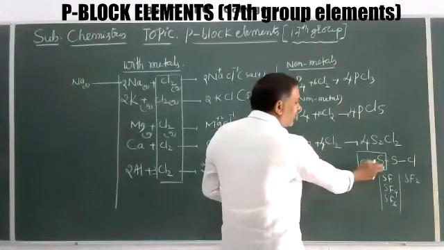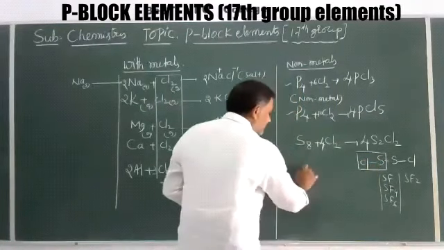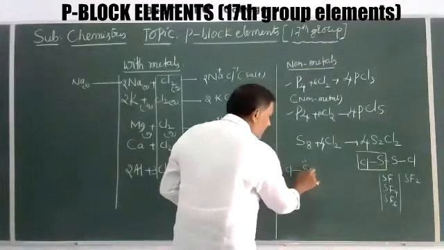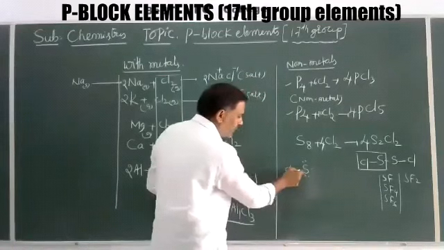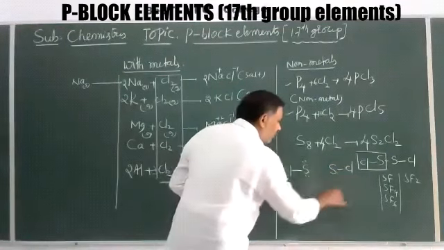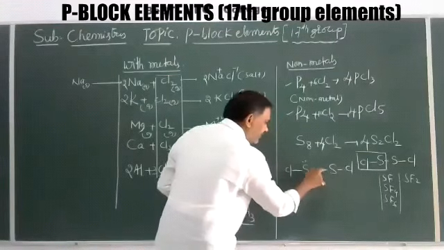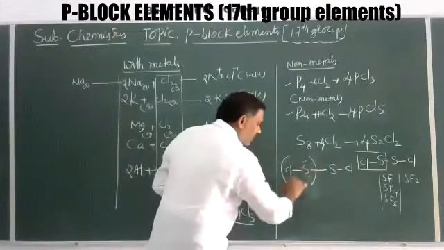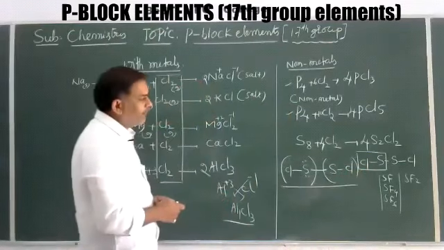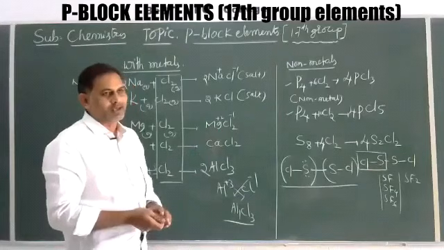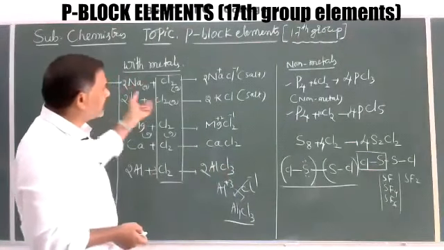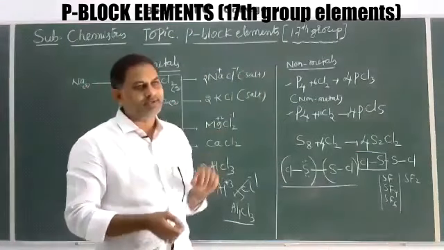Sulfur monochloride is dimeric: sulfur contains 6 valence electrons, 1 valence electron is bonded with chlorine, and another sulfur chloride combines with this through a covalent bond, so a dimeric structure exists. So chlorine reacts with metals as well as non-metals.